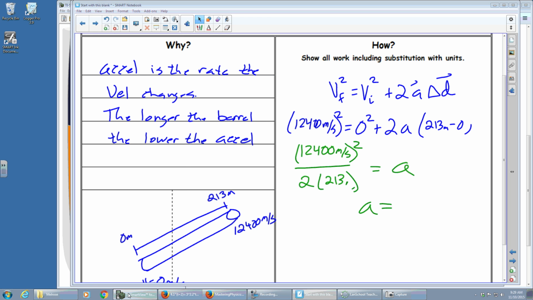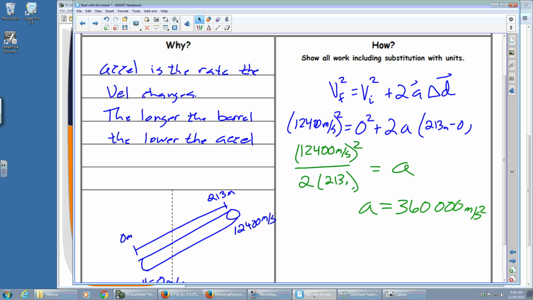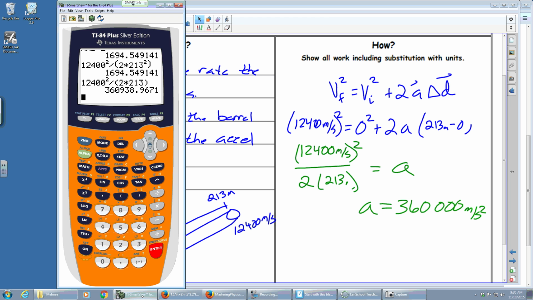Yep, 360,000 is what I got, meters per second squared. Oops. Alrighty. That was enough tries on that one. Next time.